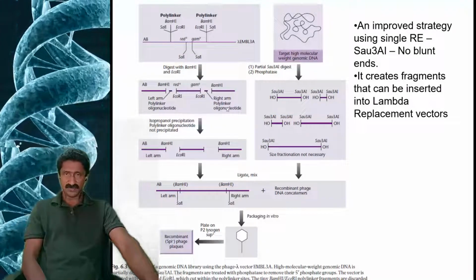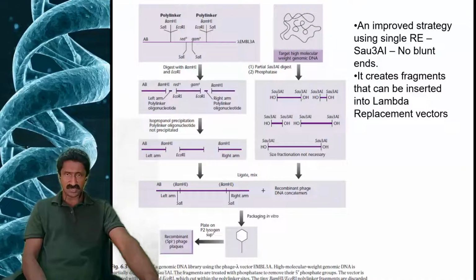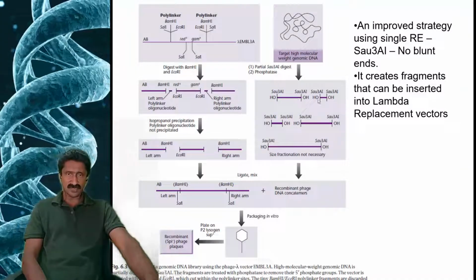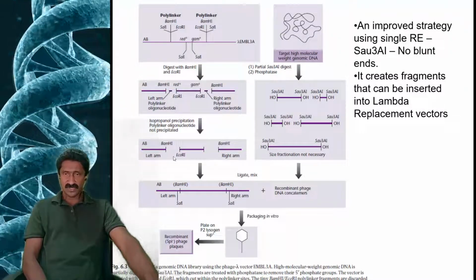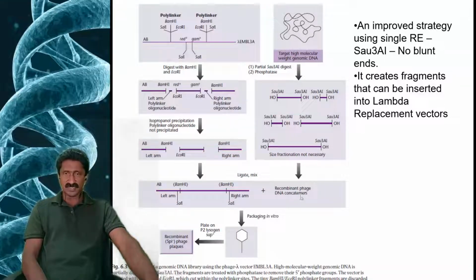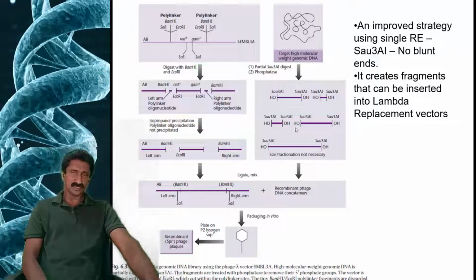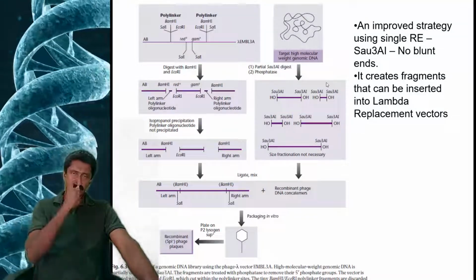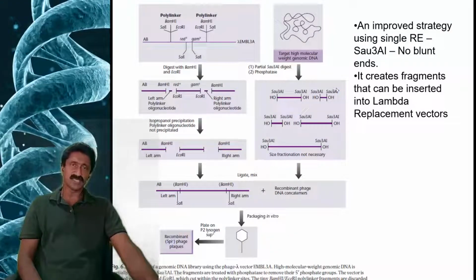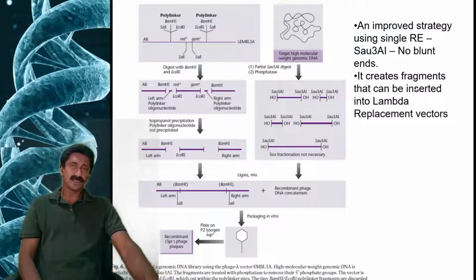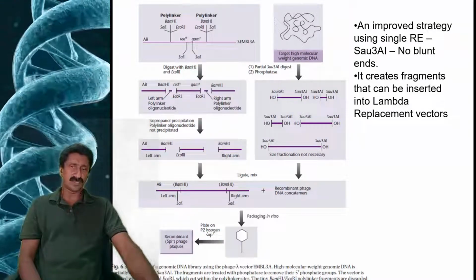Finally you have the DNA which is broken, and Sau3AI fragments were created from the target DNA also, and these fragments were joined and annealed here, and subsequently packaged into the phage vector. So this is another improved strategy, using a single restriction enzyme Sau3AI for cloning of the desired gene for genomic DNA preparation.